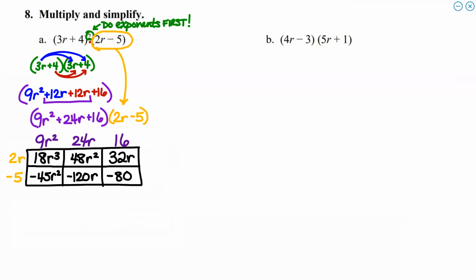Yes. And this is one of the reasons why the more terms we have, this can be really helpful because I see all of the places where I would need to fill in and I make sure I haven't missed anything. There's something else really helpful about doing it with an array like this. Where are the like terms that I need to combine together?